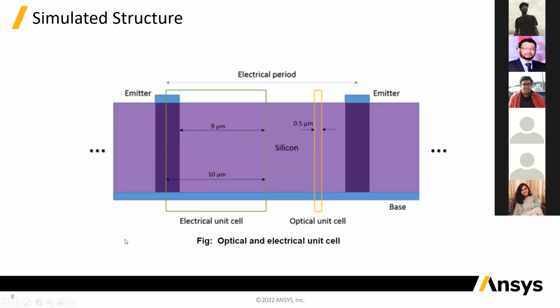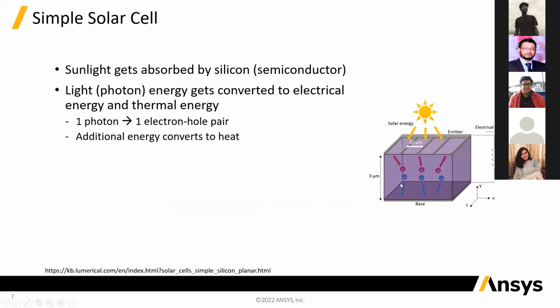Okay, so here's a closer look at a cross section of the structure. We have our silicon layer, and then these are the fingers of the emitter, and then we have the base at the bottom. Now, when you simulate this device, even though in the cartoon it looks very small, it can be a big structure. Here we can see that it's a 20 micron distance between the fingers.